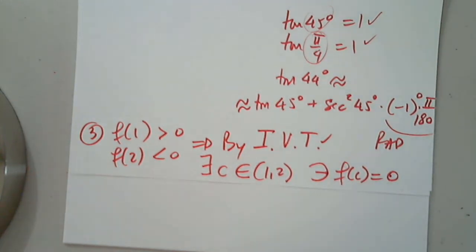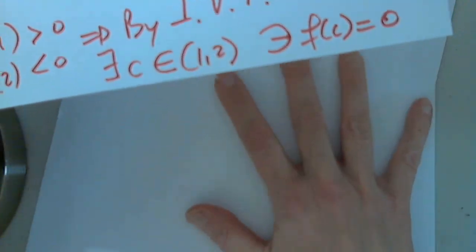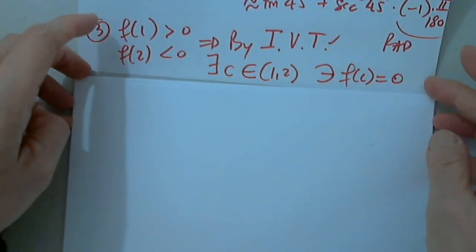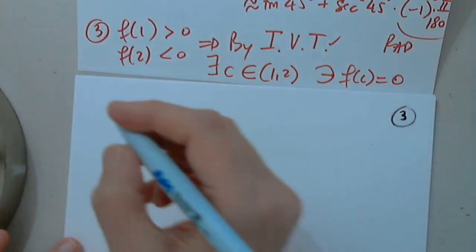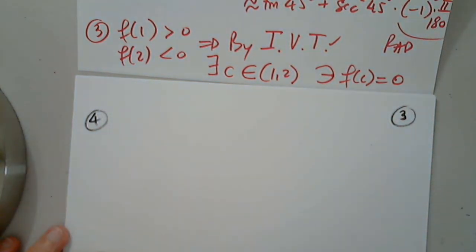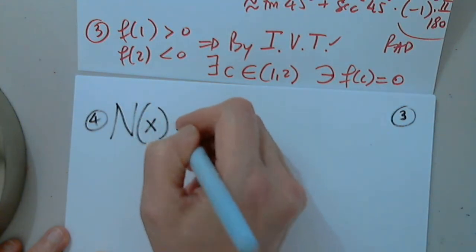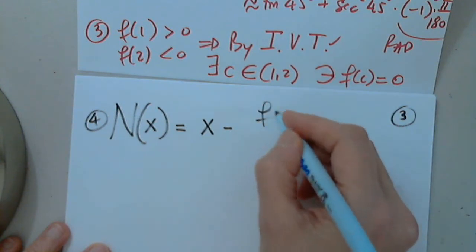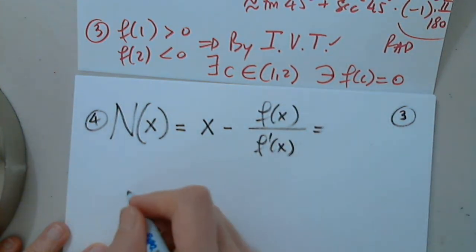Okay. In step 3, I create Newton's function. In step 4, I call this Newton of x, which is x minus f of x over f prime of x.